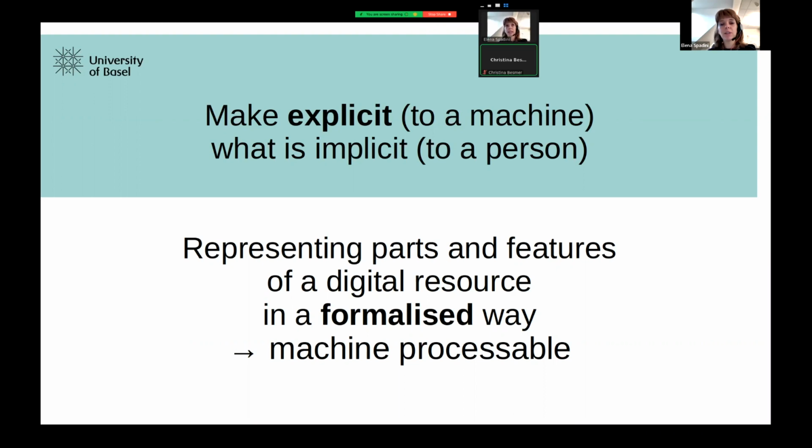Let's imagine that we are transcribing a 19th century letter, and we are using a normal word processor to do that, like Microsoft Office. And in these letters, as well as in other letters from the same correspondence, there are reoccurring names of persons and places.